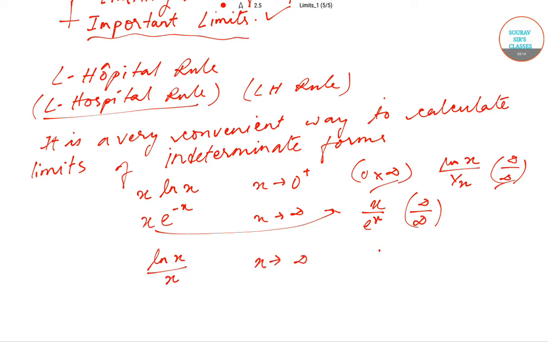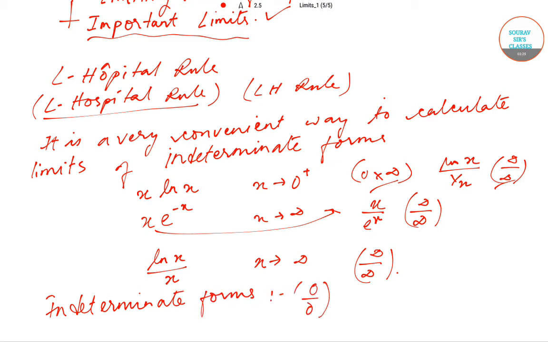This is also of the infinity by infinity format, so this is another indeterminate form. So the indeterminate forms are basically of the type 0 by 0 or infinity by infinity. These are the various types of indeterminate formats.